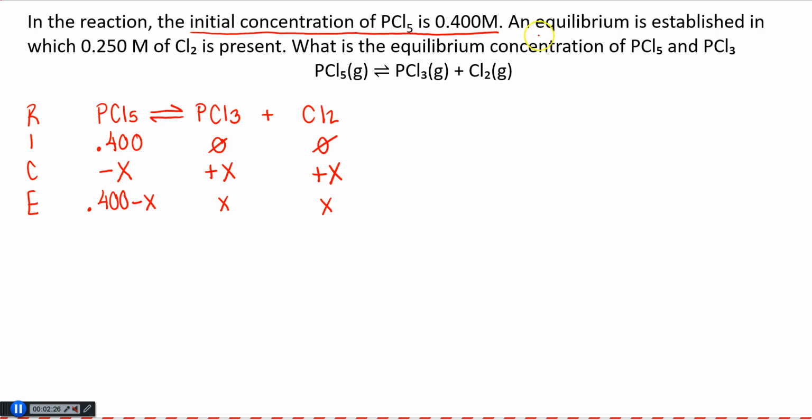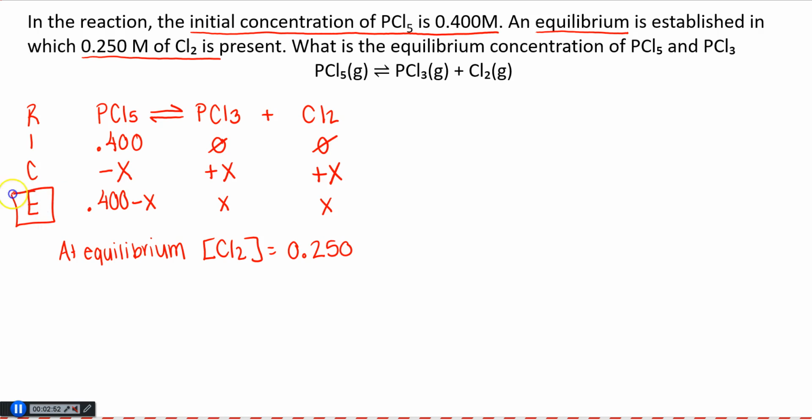So the other thing the problem tells us is that at equilibrium, the concentration of chlorine is 0.250. Well, I also know at equilibrium, chlorine is going to be equal to x. So that means 0.250 has to equal x.